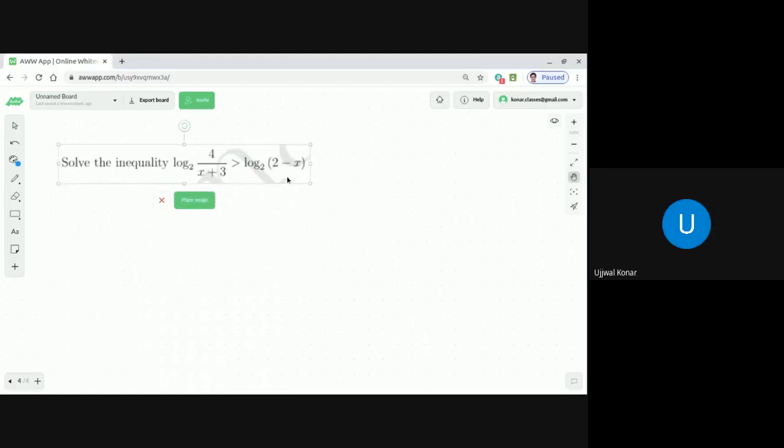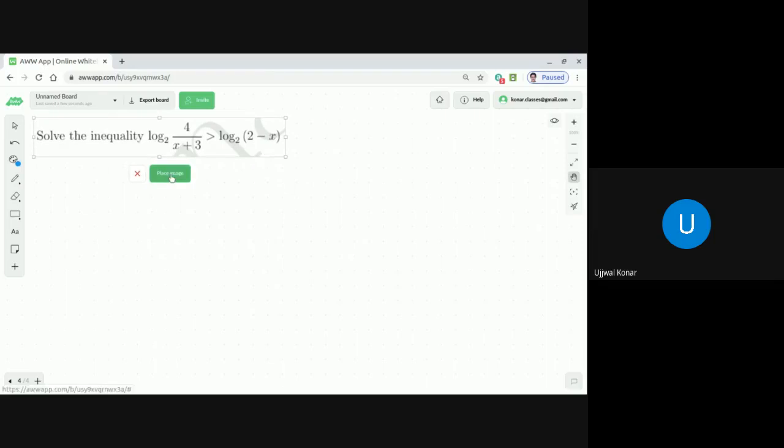So here the question is: solve the inequality log of 4 by x plus 3 base 2 is greater than log of 2 minus x base 2. If you follow the table, what can you conclude? We are able to conclude three things. The first one is that definitely 4 by x plus 3 has to be greater than 0.